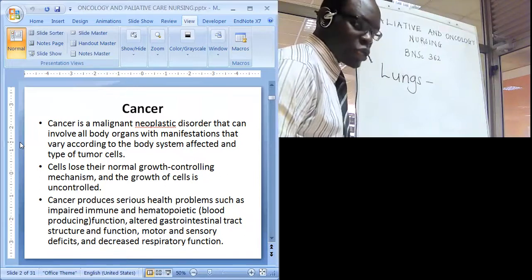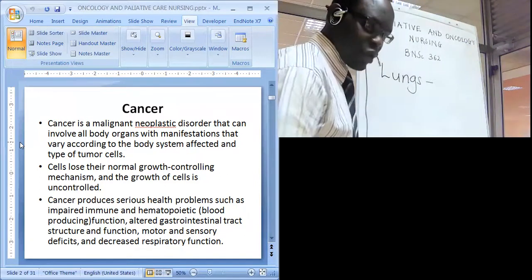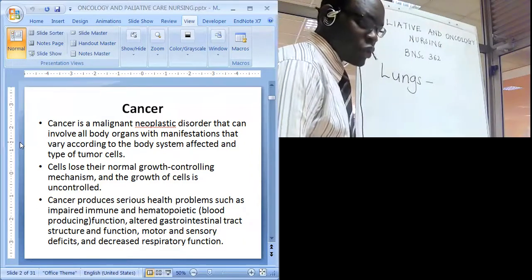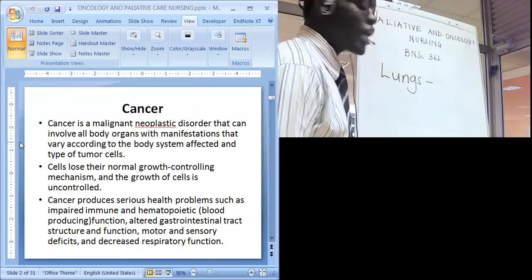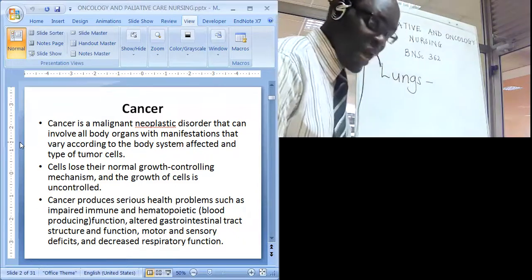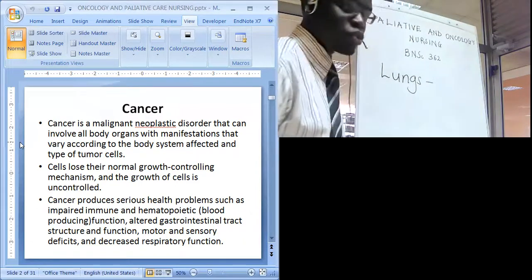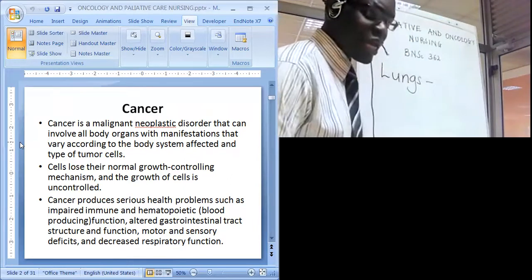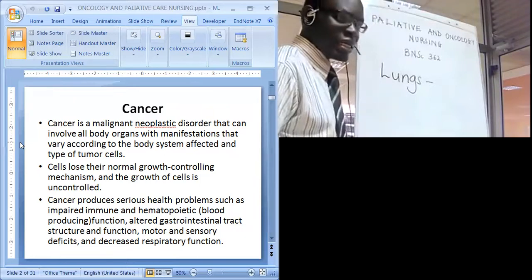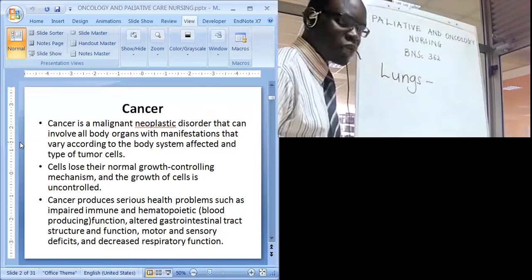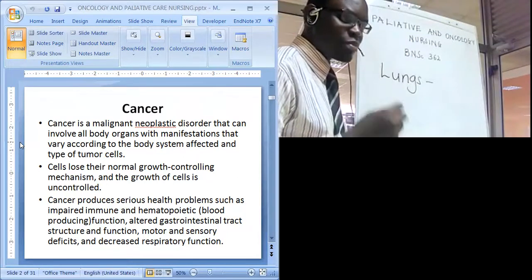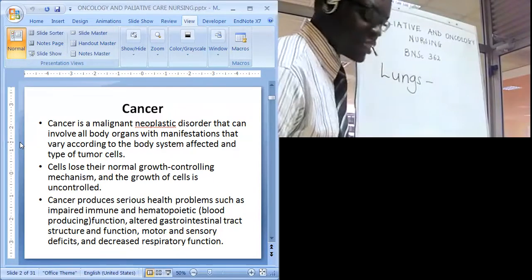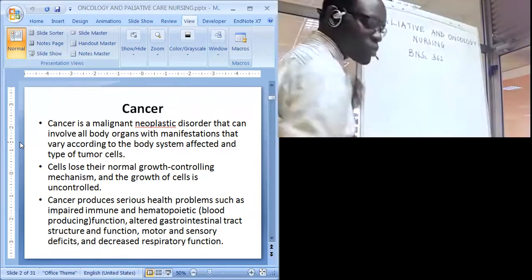If it is within the kidneys, you probably have issues with the urinary system, with excretion, and with acid-base balance. If it is within the blood, like leukemias, you have issues with your immunity and chronic, constant anemia. So basically, the manifestations of cancer are seen in the system that has been affected.